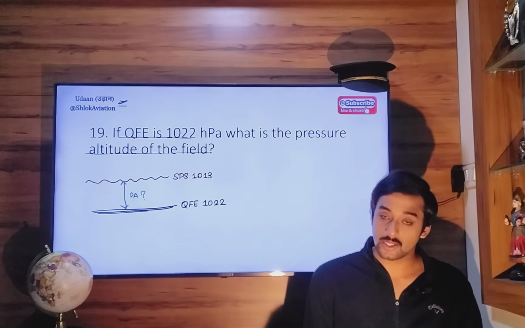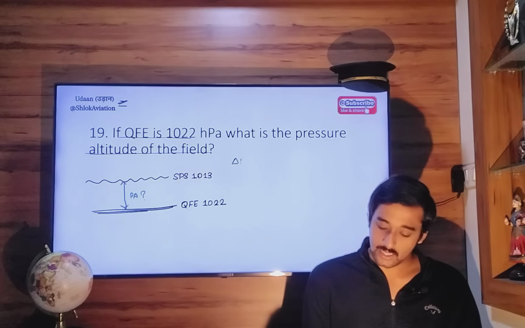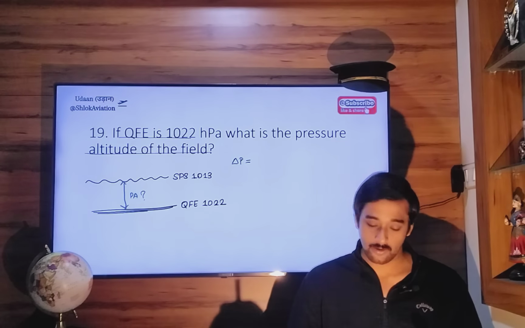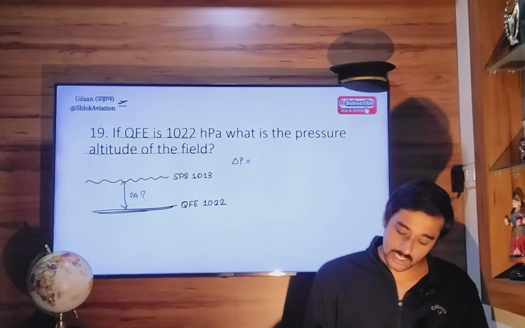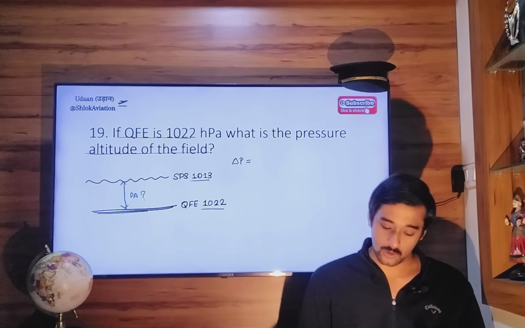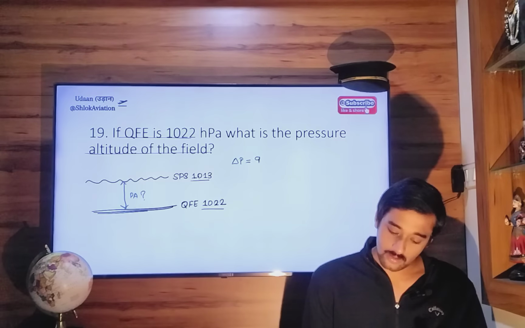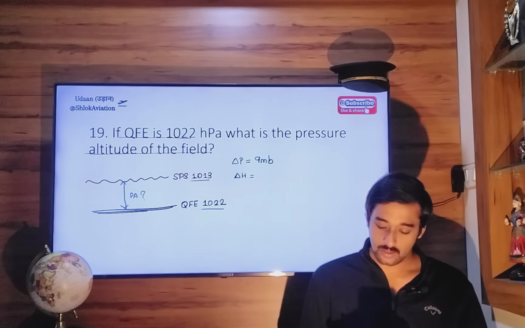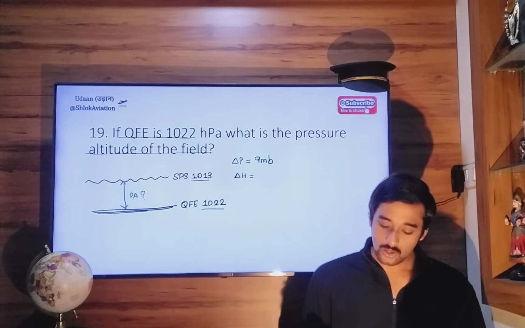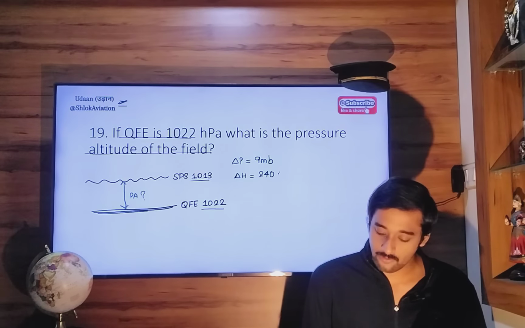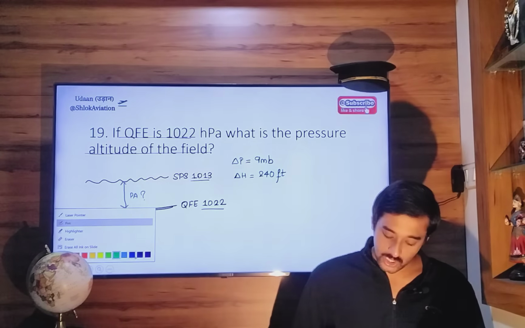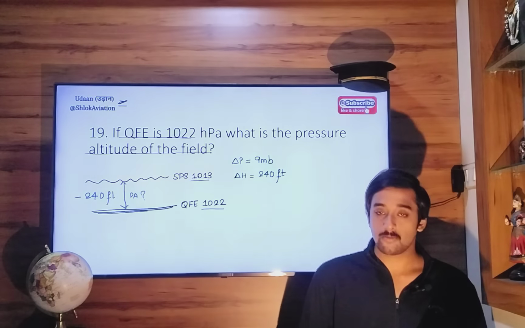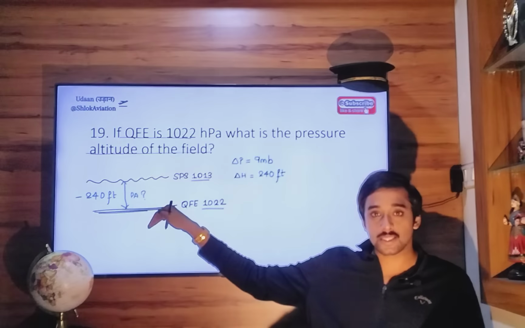The height difference between these two pressure levels is directly proportional to the pressure difference. The pressure difference is 1013 minus 1022, which is 9 millibars. 9 millibars is equal to 9 times 27, which is 243 feet, or approximately 240 feet. That means the pressure altitude of this airport is minus 240 feet. Why minus? Because this airport is below the standard pressure setting level.